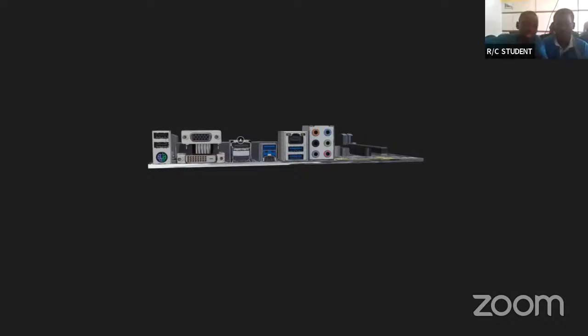You have to check the VGA cable, whether it is connected to the VGA port. Do we all agree? Yes. One of the first things we have to check is: is the VGA cable even connected? Right? So these are some of the things that we have to check.